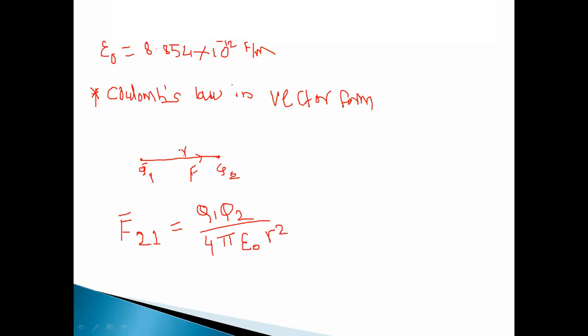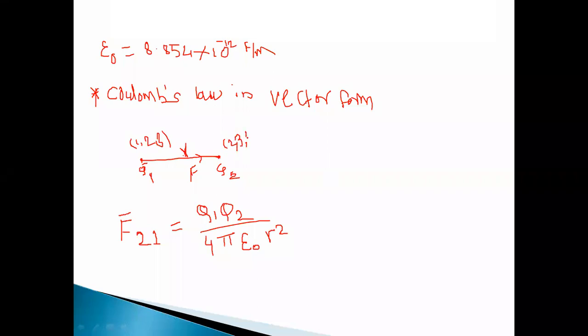Now tell me, this r is the distance, right? But from which point to which point are we going? Suppose this charge Q1 has coordinates 1, 2 and 3, and this charge Q2 has coordinates 2, 3, 4.